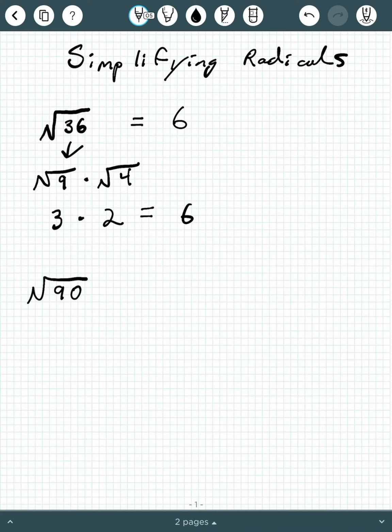So the square root of 90 is not a perfect square. We aren't going to just guess it. We could use a calculator to get a decimal approximation, but to get it in exact form, we'll want to use this method. So with 90, right away, we want to start thinking, okay, what are some factors of 90? If I just break 90 up, some people might say 9 multiplied by 10, and that's a good one to think of because then we're doing the square root of 9 multiplied by the square root of 10.